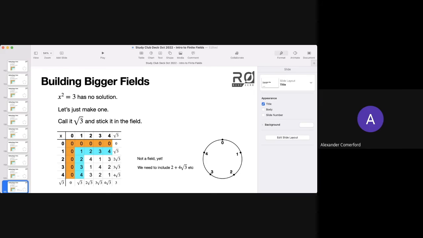Quick question regarding a few slides ago when you were referring to 3 as a 4th root of unity. I've seen it before in textbooks referring to certain elements of this group as a root of unity.